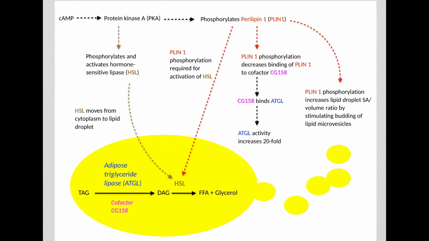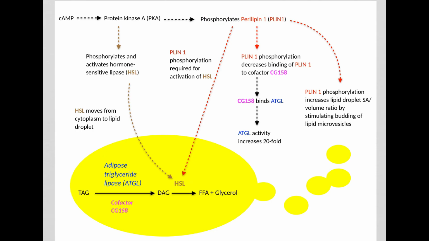Now, another major effect of PKA is that PKA phosphorylates this protein called perilipin 1, or PLIN1. Now, PLIN1 plays a very important role in lipolysis, and let's look at that.